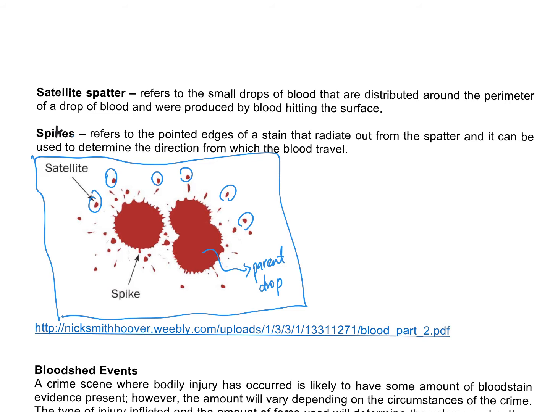It is produced when the blood hits the surface and then bounces up. So the drop reaches the surface here and then they bounce up. The spikes refer to this pointy part. This can be used to determine the direction from which the blood traveled.